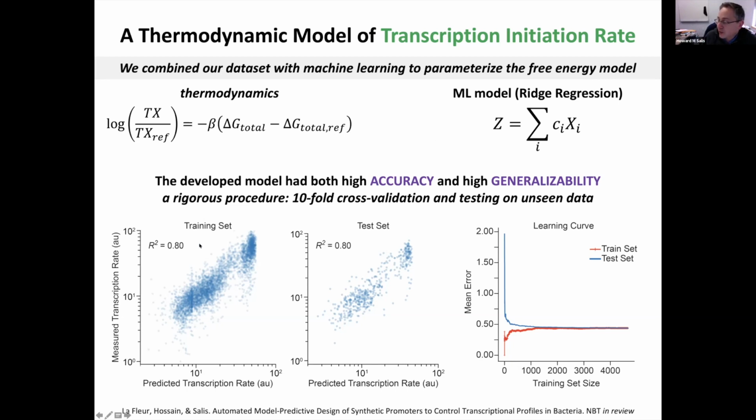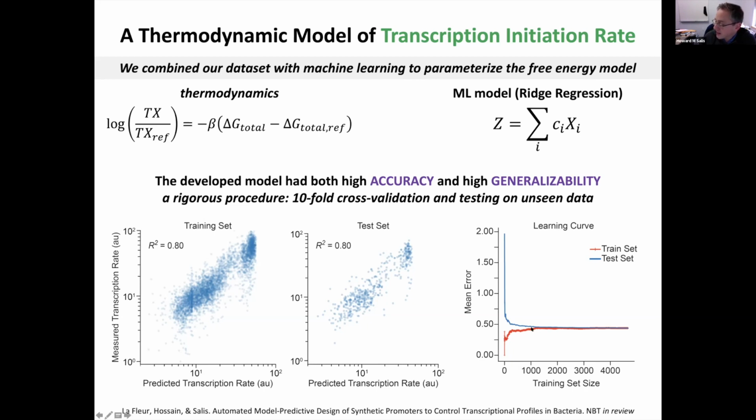And importantly, after we developed this model with the training set, we then applied the model on the unseen data set, and we got the same accuracy, which is exactly what you would expect to get if your model is generalized across your entire data set.